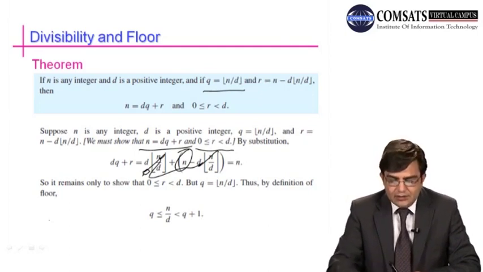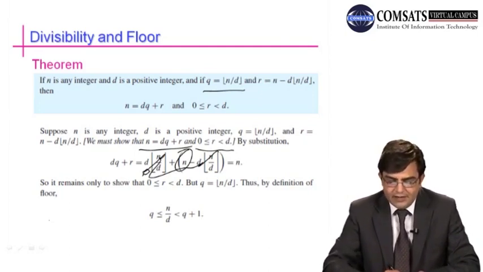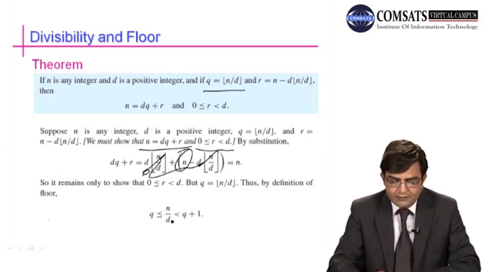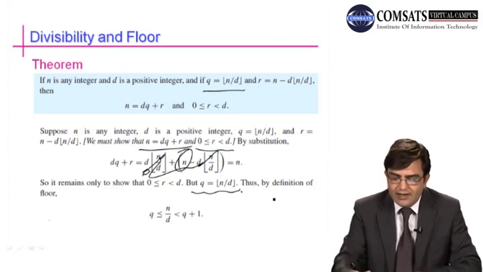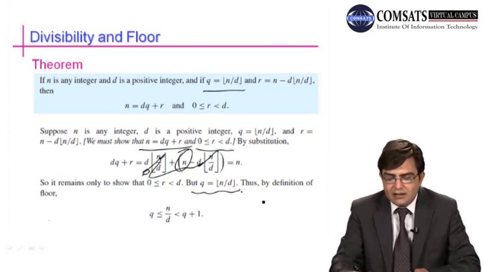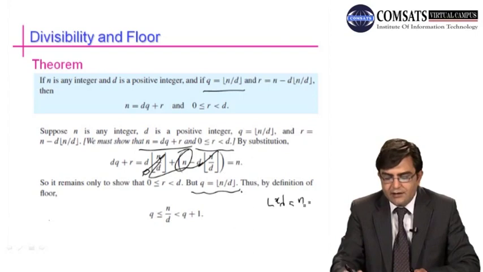As we know that q is the floor of n by d, thus by definition of the floor function, n by d must be greater than or equal to q and less than q plus 1. Here we have applied the definition of the floor function, that floor of x is equal to n such that x is greater than or equal to n but less than n plus 1.